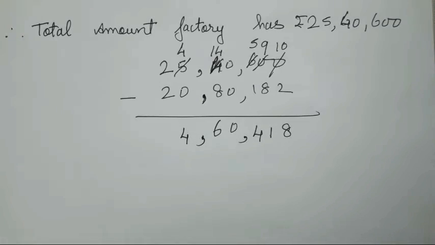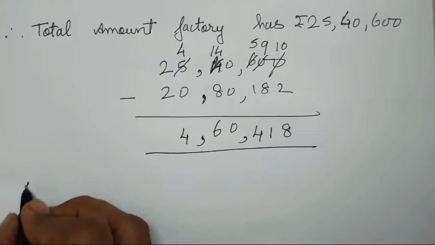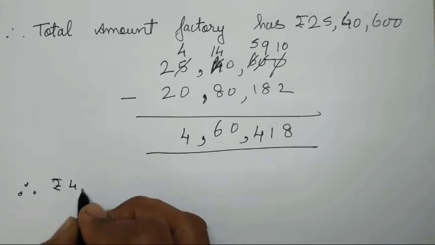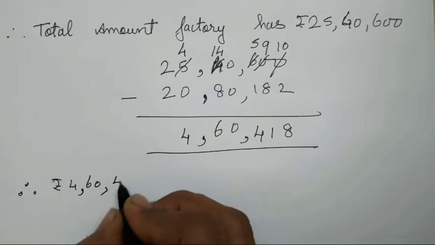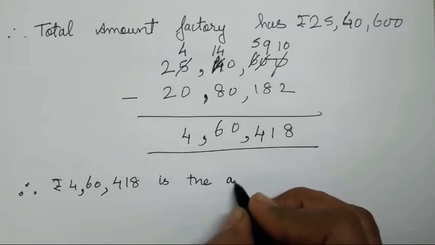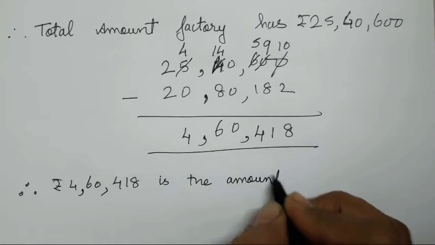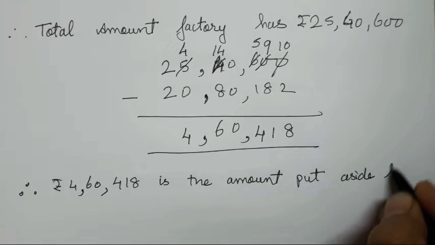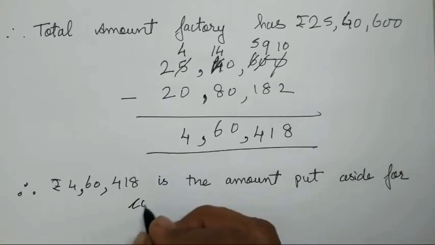So how much amount has been left? This much amount has been left, which will be used for the canteen. So rupees 4,60,418 is the amount put aside for canteen.